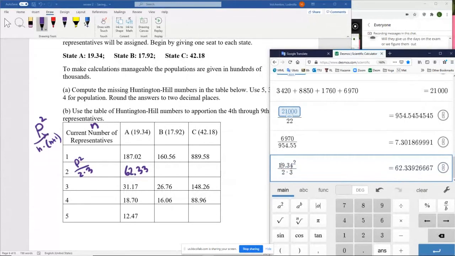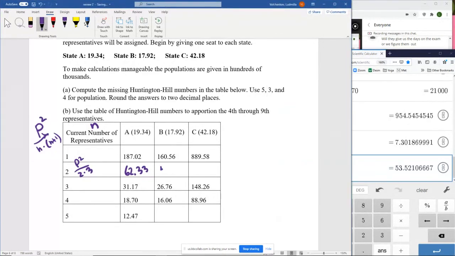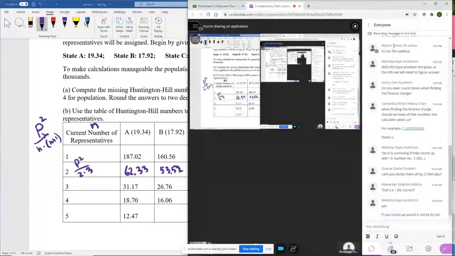Okay, the next state B, we have the same denominator. Actually, we change only the numerator. It is 17.92. So the Huntington-Hill number 53.52. Okay, let me see.